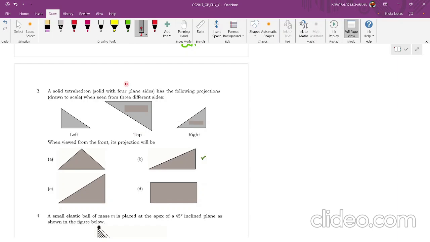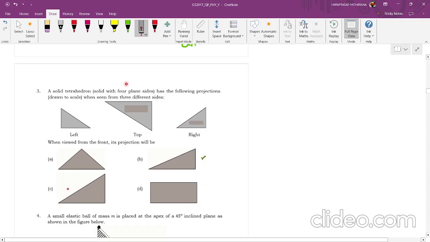In order to answer this question, you have to think logically about which of these four options should be the answer. You can certainly say option D is not going to be the answer because it looks like a rectangle, which is not the kind of projection a solid tetrahedron gives.